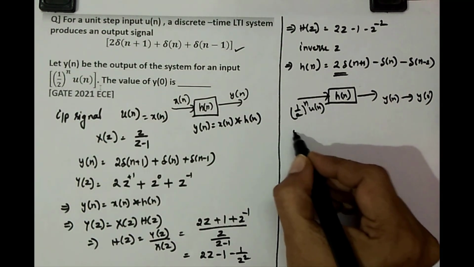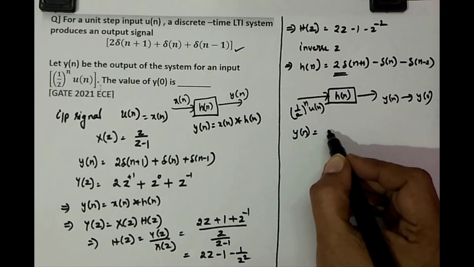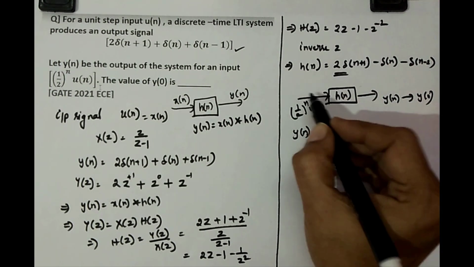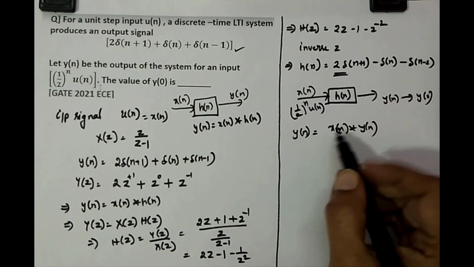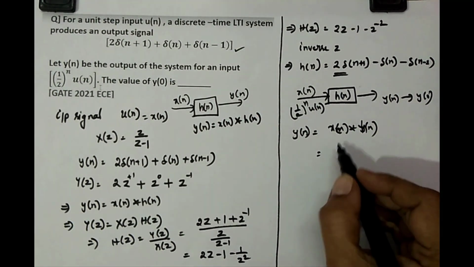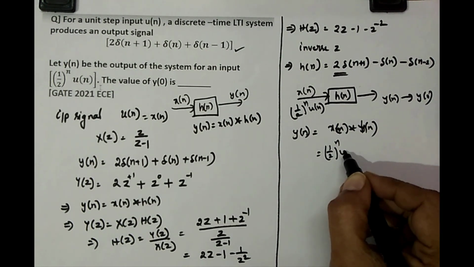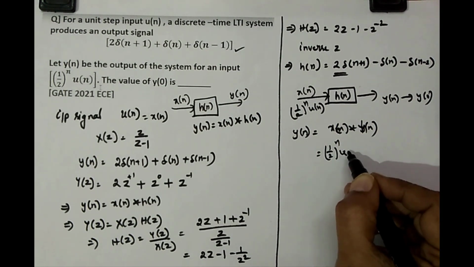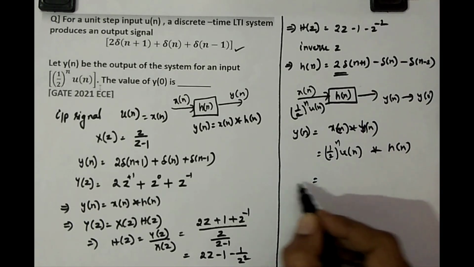Again, from the property of LTI system, y of n equals x of n convolved with h of n. Then what is x of n? Half power n u of n, convolved with h of n.